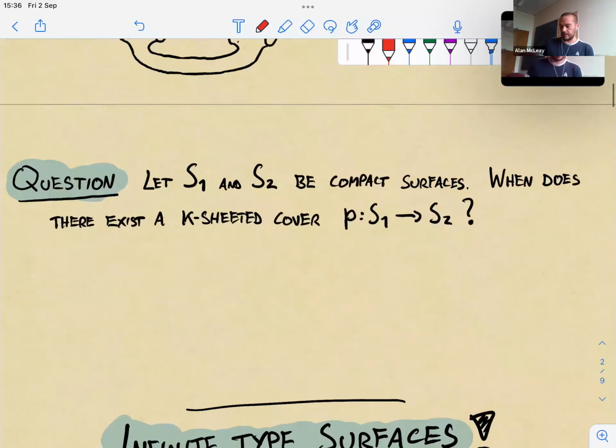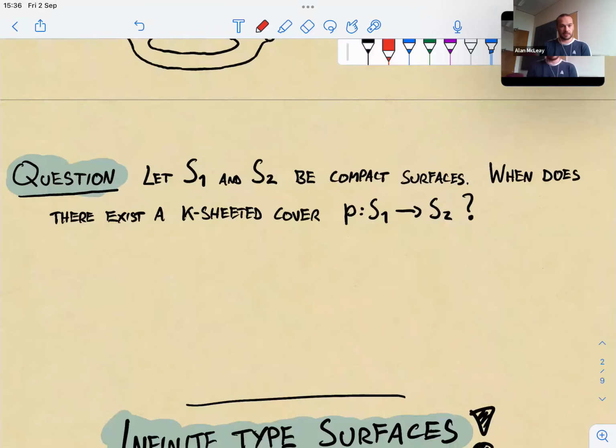But I could maybe ask a question, which is: if S1 and S2 are compact surfaces, when does there exist a k-sheeted cover between them? Can you always just cook up some kind of cover like this? You think about this for a while, and you come up with 2 necessary conditions.